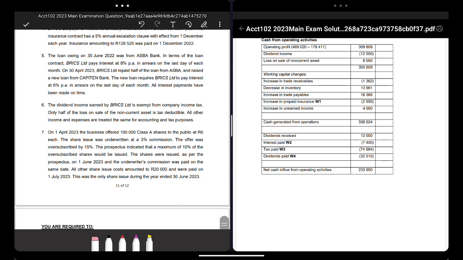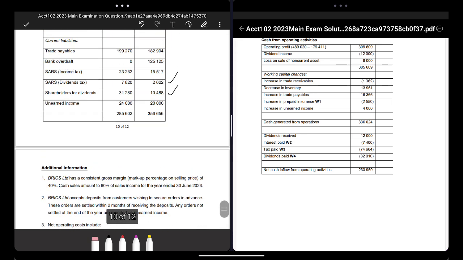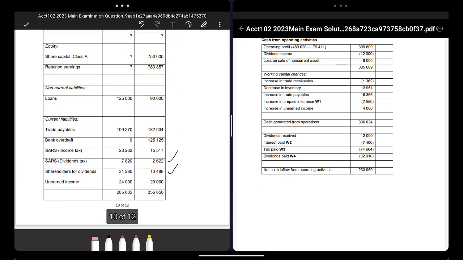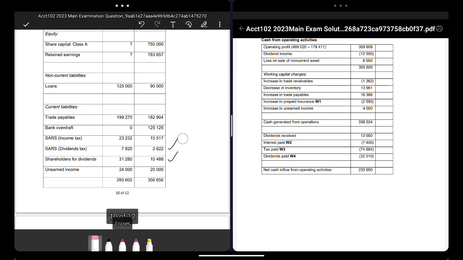So let's do the interest on loan. How does this interest on loan work? I want you to see the balance. Just look at that line there.